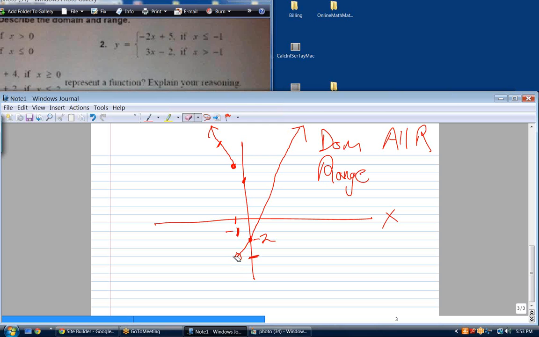How can we find out what the y value is there? Because we didn't plot that when we graphed it. If I look at the second part of the function, this line here, which is 3x minus 2, what is that equal to when x is -1?